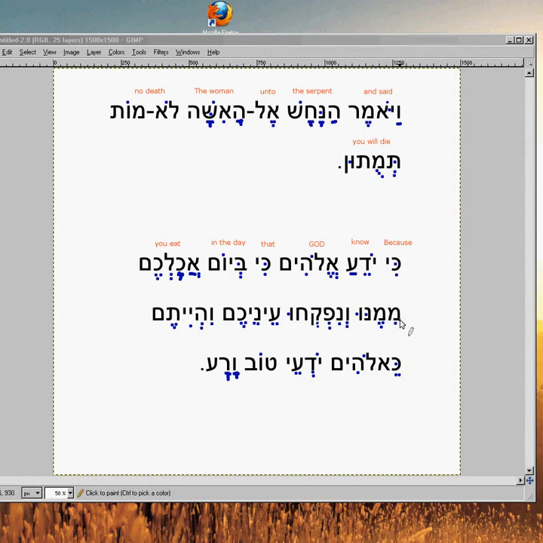Mimenu, the mim prefix is from. Min is out of, from out of it. Then the next word, venifkechu. Now, the prefix vav is and, and we know that the shoresh of this word is pe kuf chet.